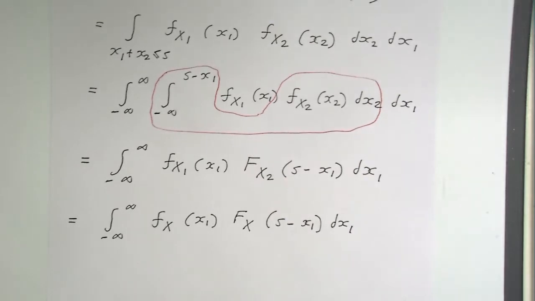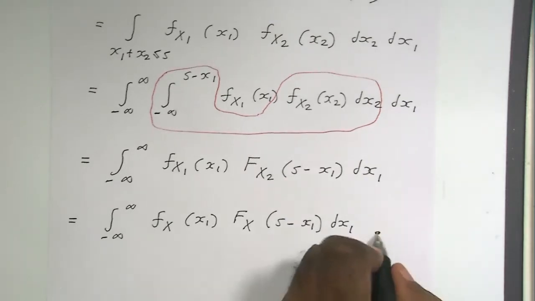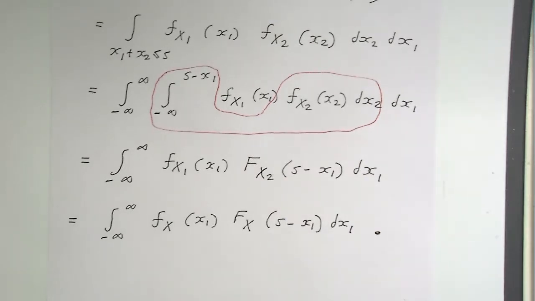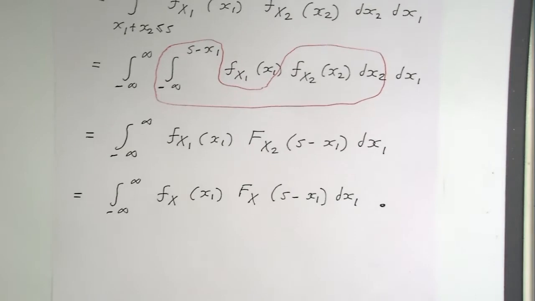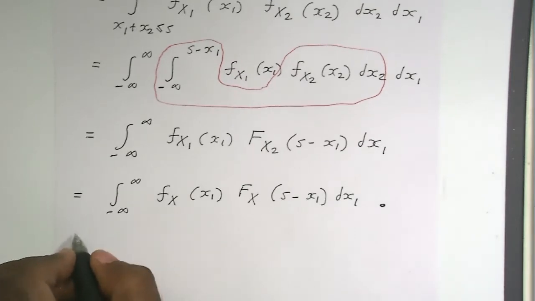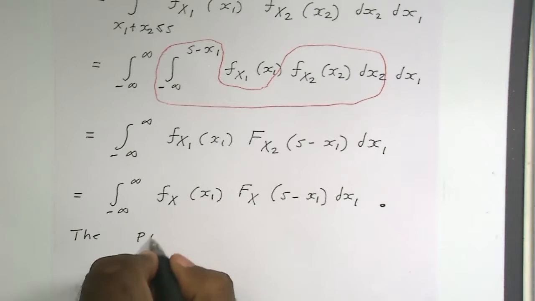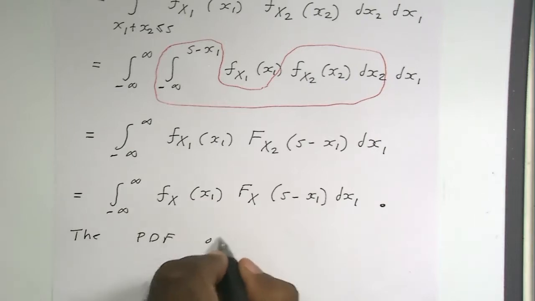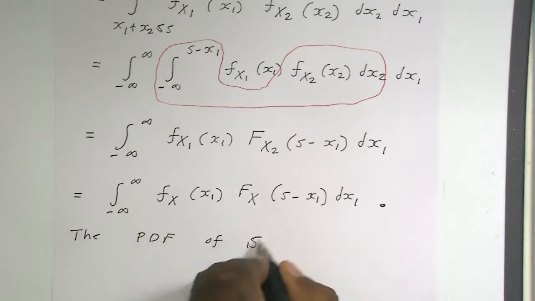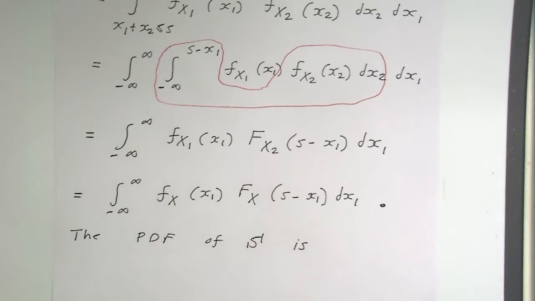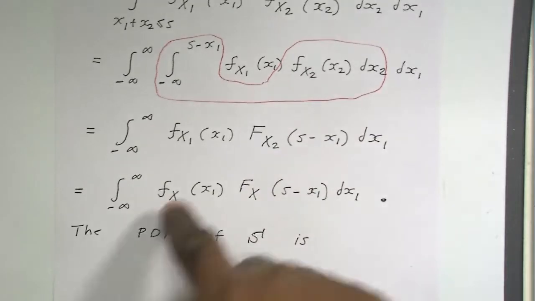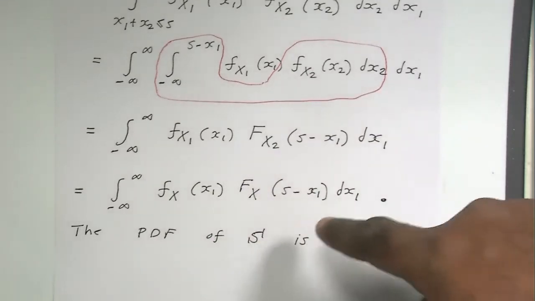So the final step follows because of the fact that x1 and x2 have the same distribution, right? So you could replace x1 and x2 by x, right? Okay. And okay, so this is the CDF of S, right?